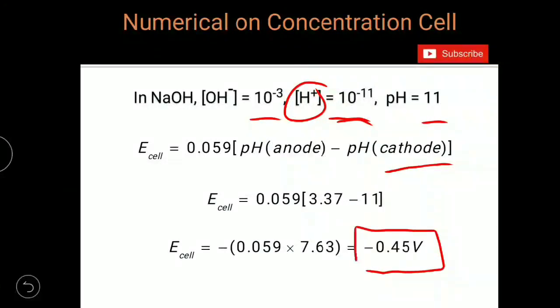EMF of the given concentration cell of hydrogen is minus 0.45 volts, which indicates that the cell reaction taking place in this concentration cell is non-spontaneous, means it is not acting as a galvanic cell.